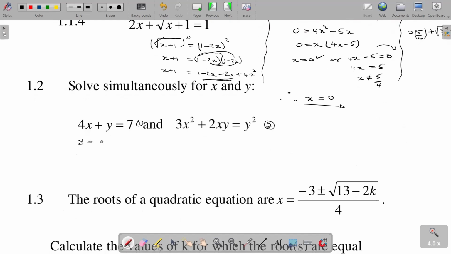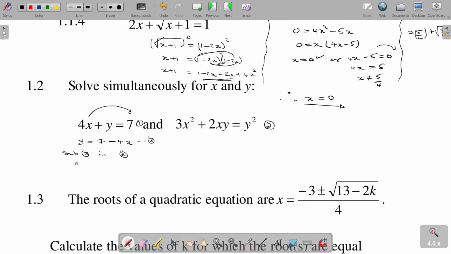So y is equal to 7, transposing the 4x to the other side, so it becomes 7 minus 4x. This becomes our equation 3. Let's substitute equation 3 in our equation 2.